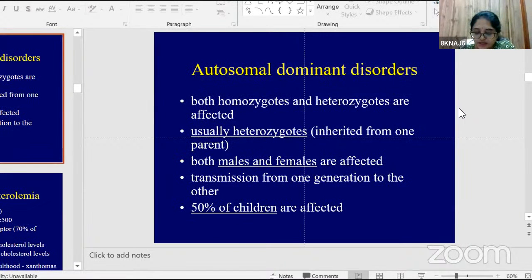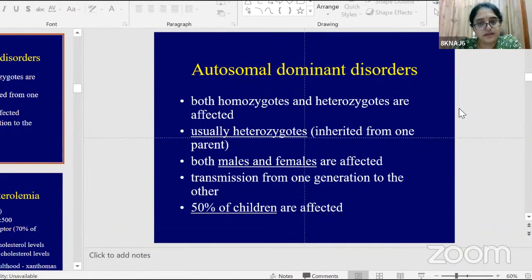When it comes to autosomal dominant inheritance, you can see that the affected individuals have one copy of the dominant gene. It doesn't matter whether the other is dominant or recessive, because it is inherited from one parent. So it can be heterozygous in nature, irrespective of whether the other gene is that particular dominant or recessive gene.